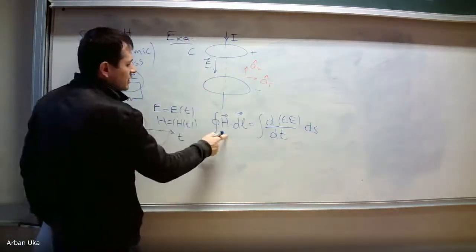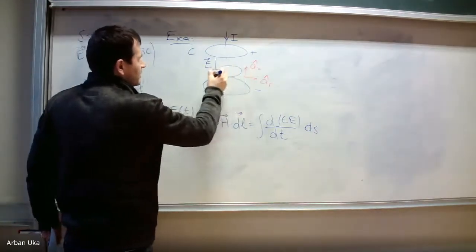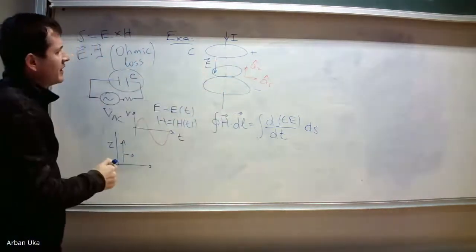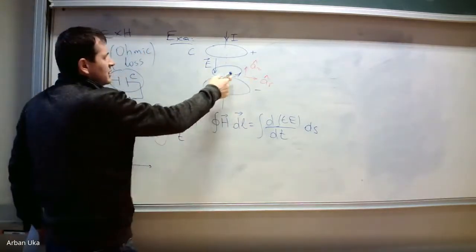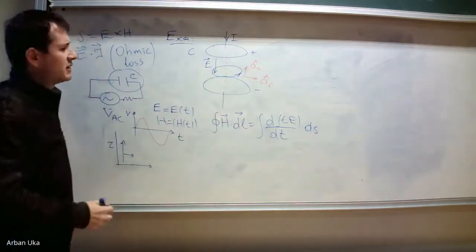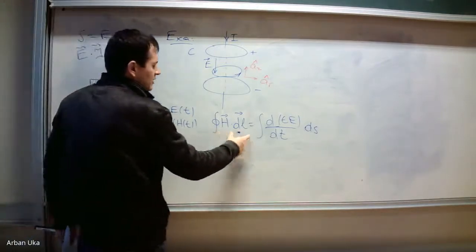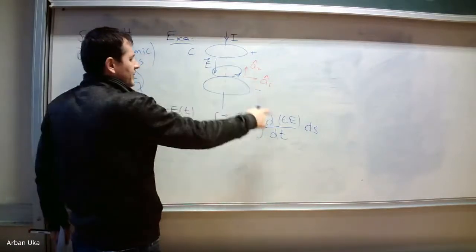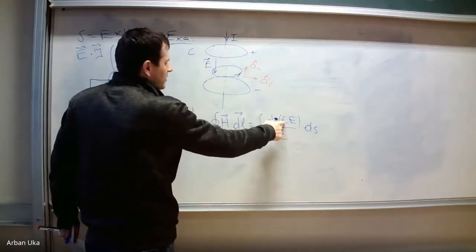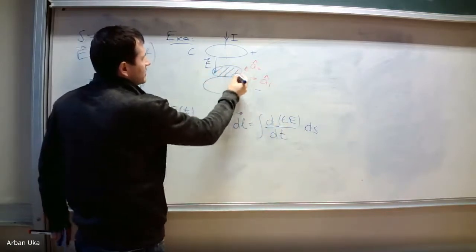We can draw a closed contour like this inside this capacitor, and we expect a magnetic field intensity H which can circulate like this. This line integral is going to be equal to the rate of change of E times ds, where ds is this surface area here, okay?